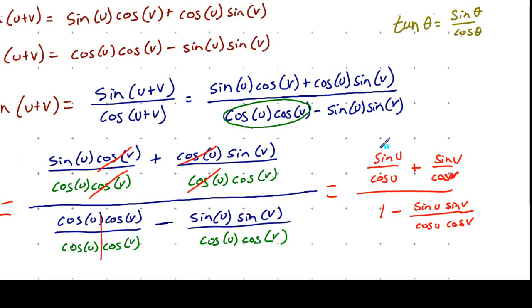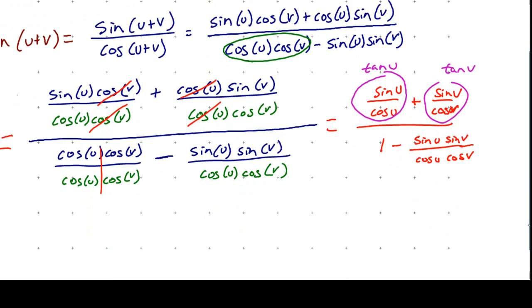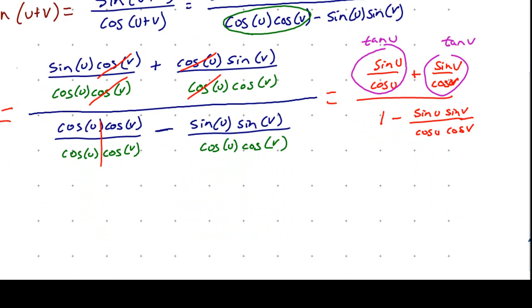And if you look even further, upon further investigation, you can see that that is nothing more than tangent of u, and this guy is nothing more than tangent of v. So my next iteration looks like this.